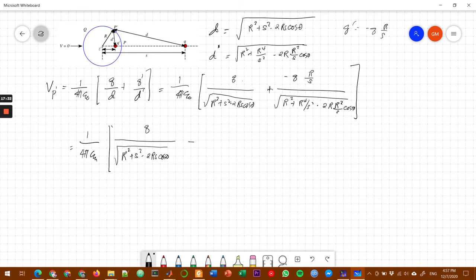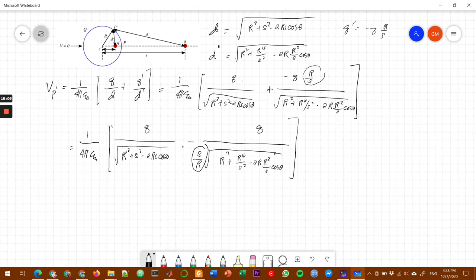So this is now minus q, and then if I bring it down below, I have s over r. Then I have r squared plus r to the fourth over s squared minus 2r times r squared over s cosine theta.